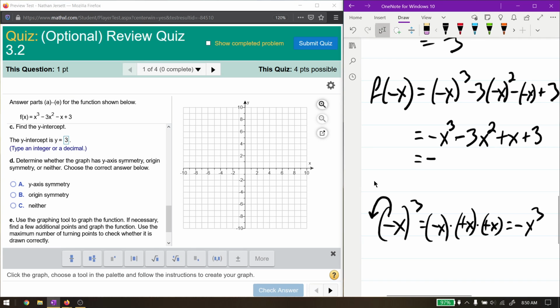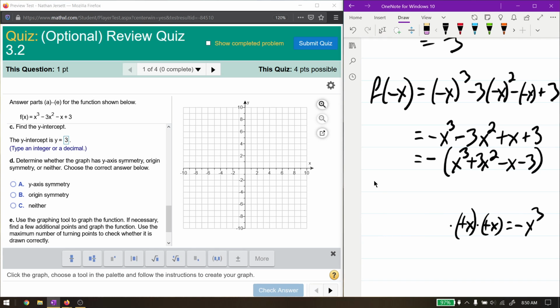So if I take out a negative, I get x cubed plus 3x squared minus x minus 3. And so now I have my positive x cubed here in parentheses. The issue is that f of x equals x cubed minus 3x squared minus x plus 3, and the thing in parentheses is not what f of x equals.